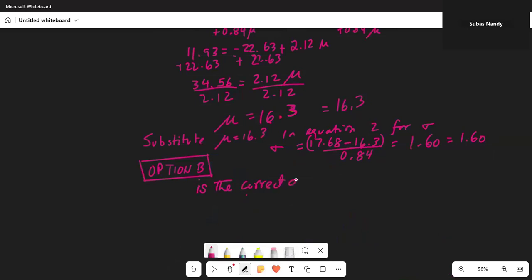Again, to summarize what I did, we were given two x values. The first x value is the one for which the area below is 0.1, and the second x value is the one for which the area above is 0.2. So for the first, we find the z-score for which the area below is 0.1, as we did here.